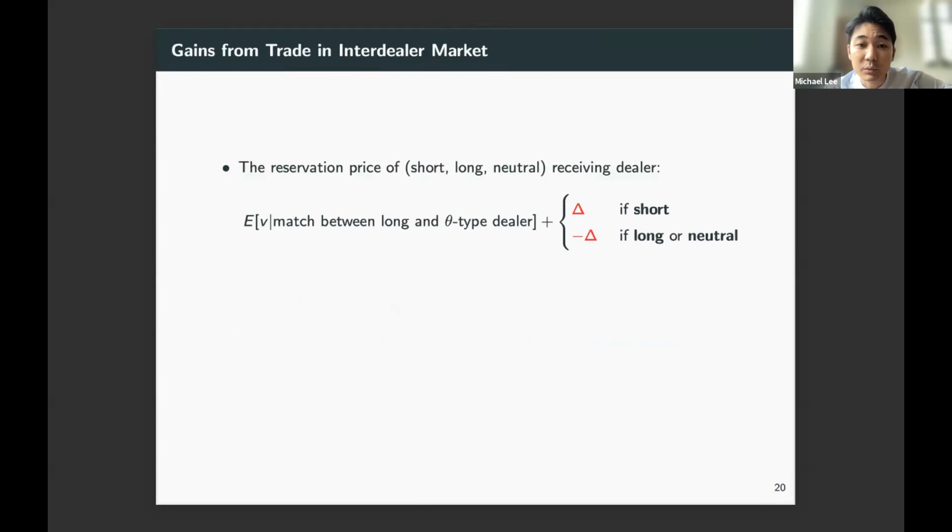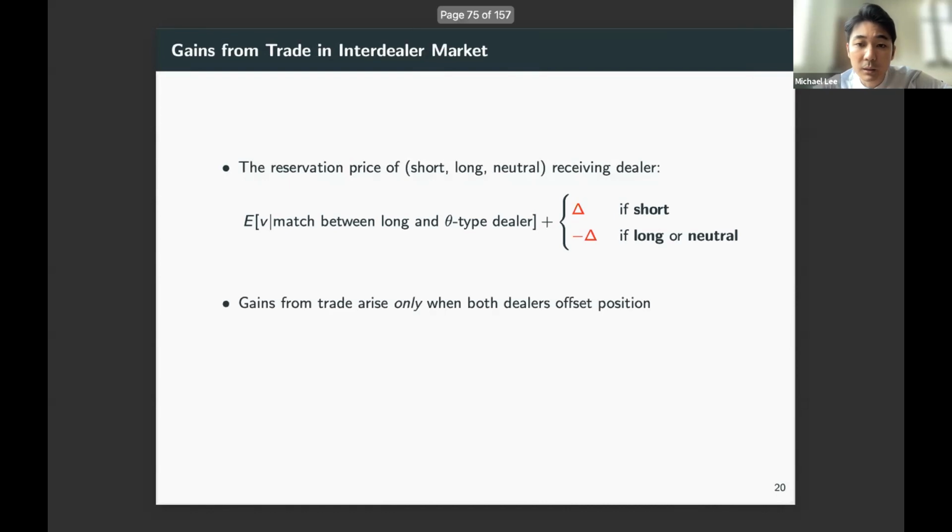If we break down the reservation price, it's a matter of first the fair value of the asset conditional on a match happening between a long dealer and a dealer of type theta. And then plus, and this is the important part, the resulting liquidity positions of the receiving dealer.